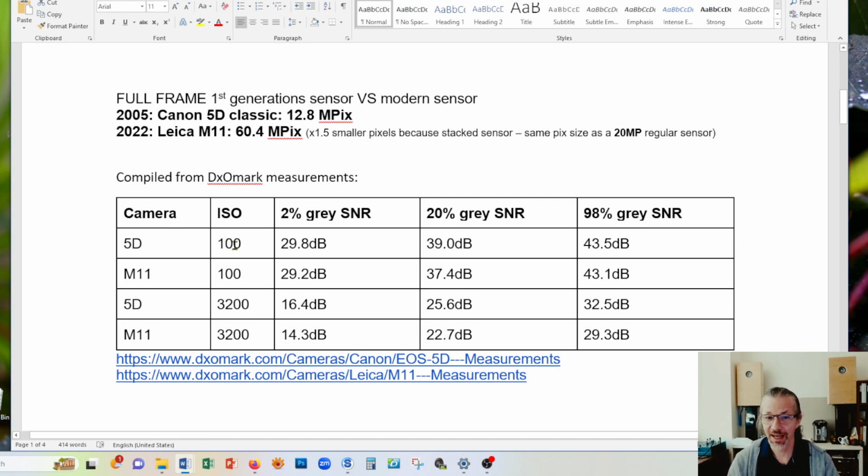So I took the ISO 100 settings and the ISO 3200 settings for the 5D and the M11, and went to those colors like 98% gray. Actually, I could have gone 100% gray, but then it would have been the same result.